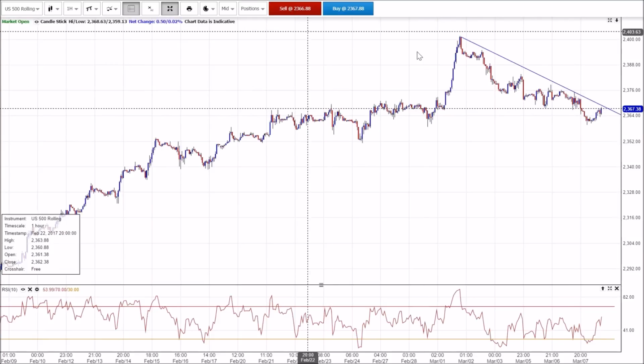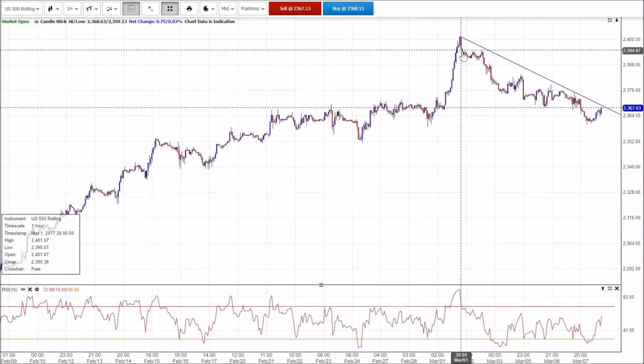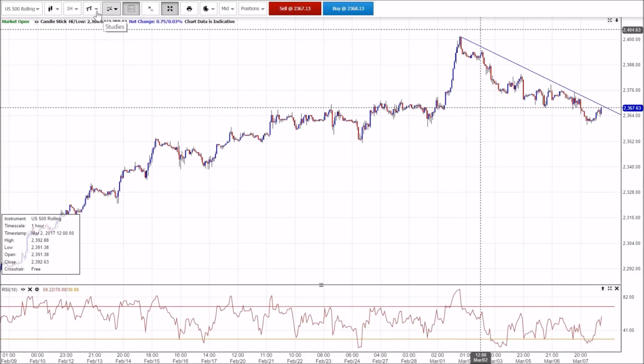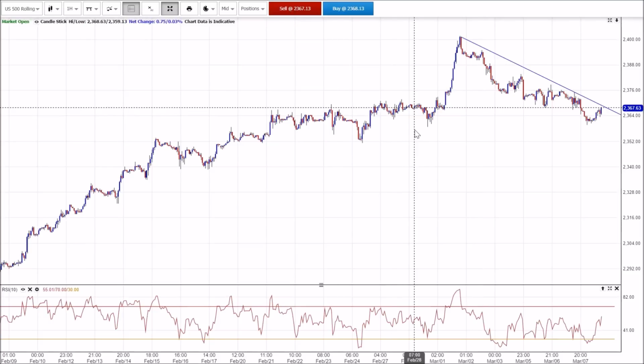You could argue the correction from those highs, those March the 1st highs, is still in place. So if you wanted to sit on your hands for a bit, that's a perfectly sensible and disciplined thing to do. But I would say when it comes to looking at levels, for me, it's all about the levels that have been left on the way up.